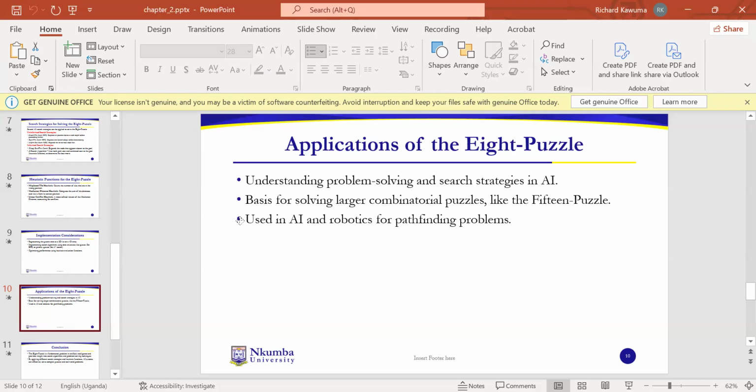I have already told you about ChatGPT. When you ask it a question, it has a lot of databases it connects to. So these are paths. Which path does it take first? Which answer does it give you first? Does it give you the answer which is nearby, or does it look for a better answer? Okay. So these are the applications.